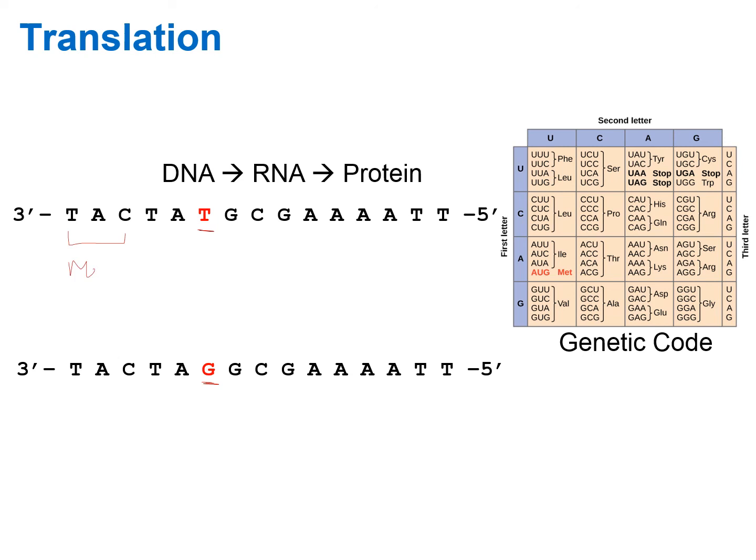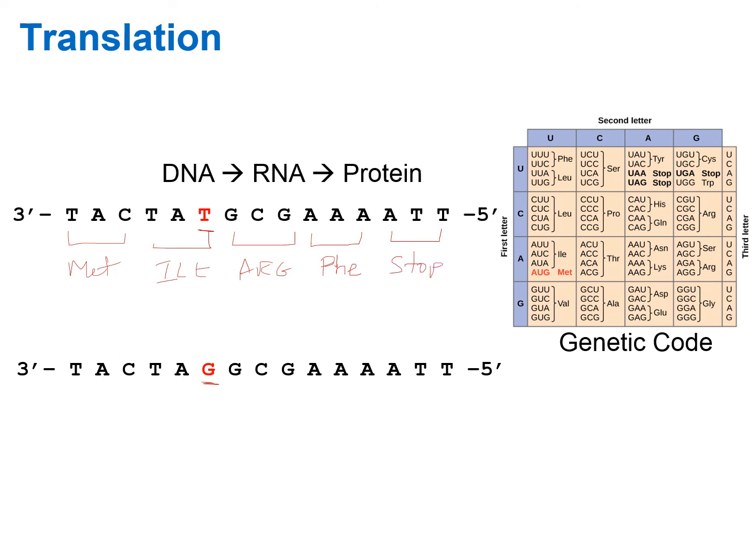I believe this was a methionine. Then next to that we had isoleucine, which was ILE. Next to that, we had arginine. Next to that was phenylalanine. And then next to that, we had a stop codon.